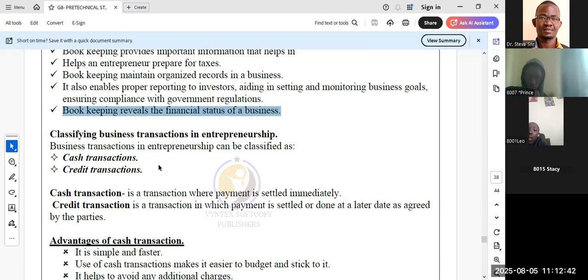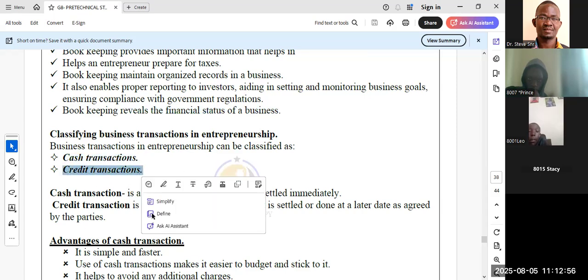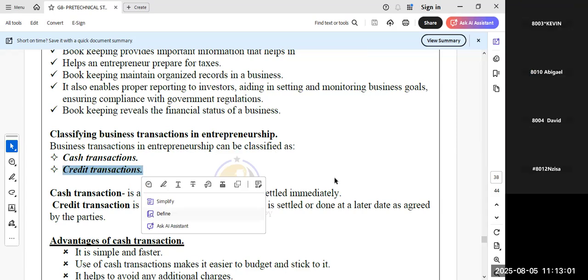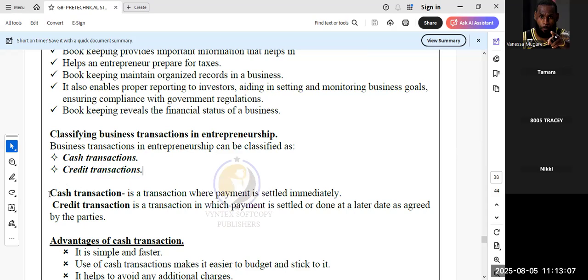So these are the two basic types of business transactions we have in entrepreneurship: cash transactions and credit transactions. With the cash transaction, it is a transaction where payment is settled immediately.